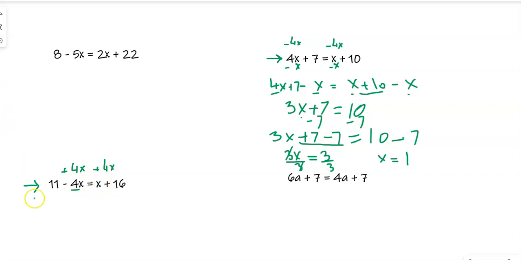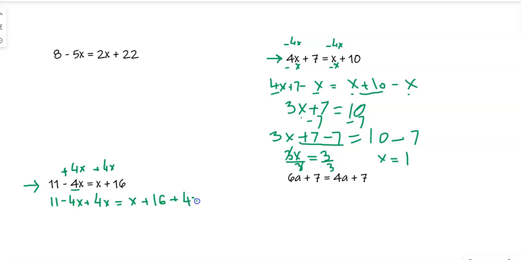So if you don't like to deal with negatives, then we can add on both sides, right? So let's add 4x on both sides. So we have here 11 minus 4x plus 4x. And on the other side, we're going to have x plus 16 plus 4x.